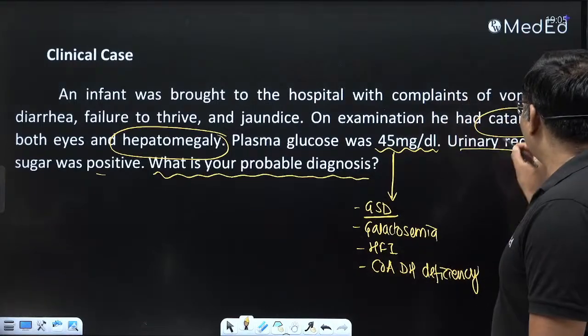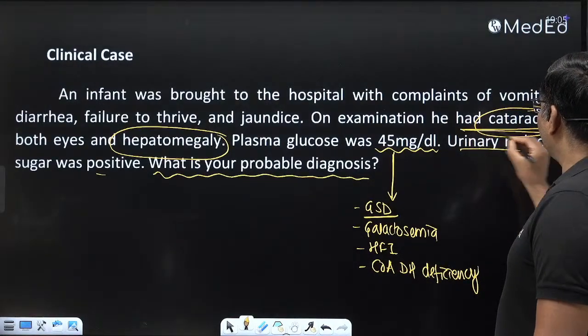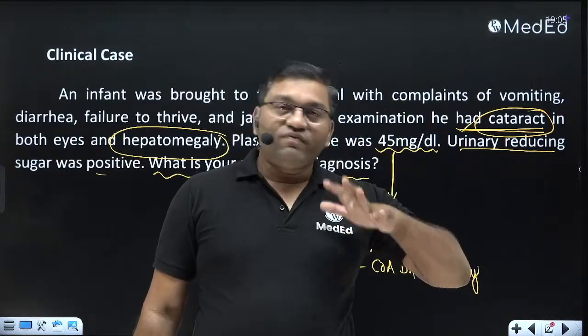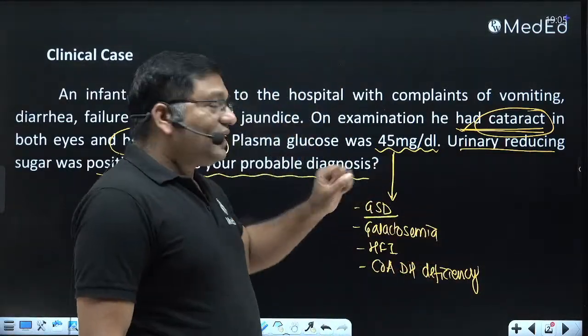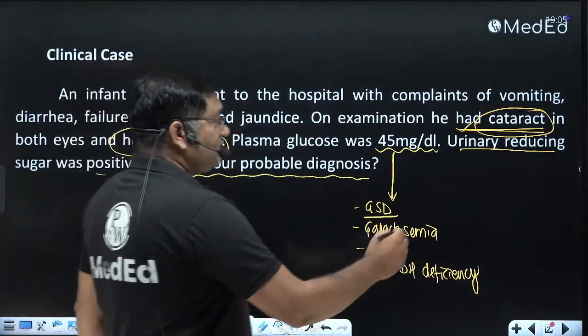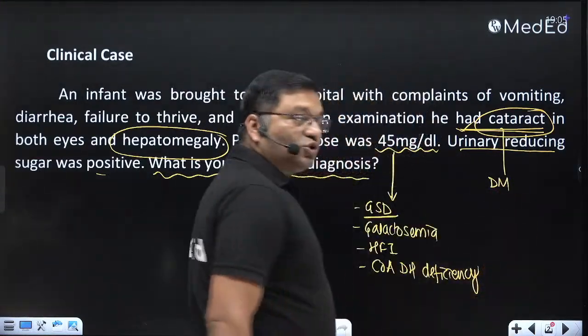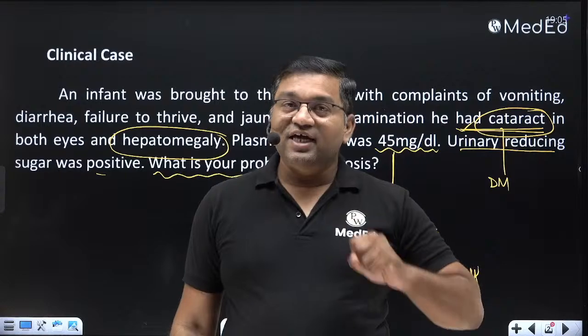Now think about the cataract. What are the diseases which are important for cataract in biochemistry? For the first year MBBS, cataract is important in diabetes mellitus, that is snowflake cataract in diabetes mellitus.